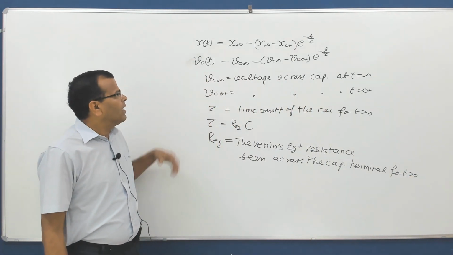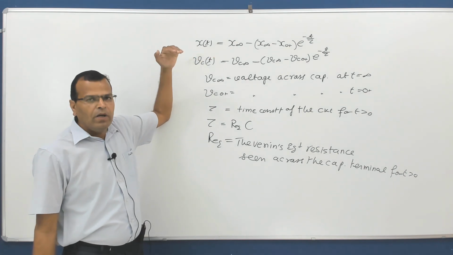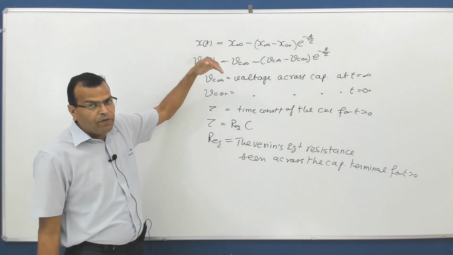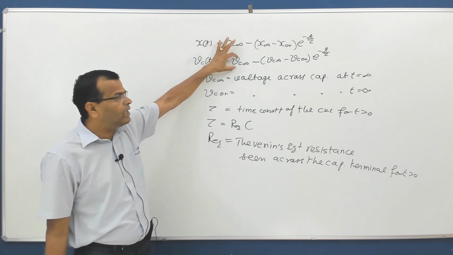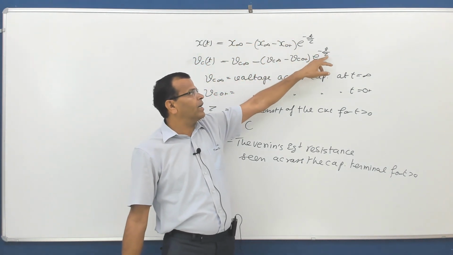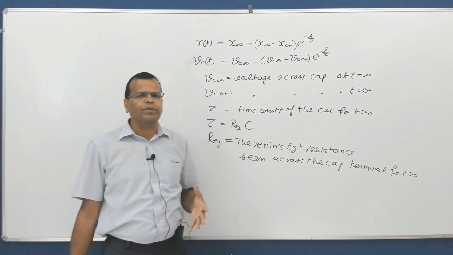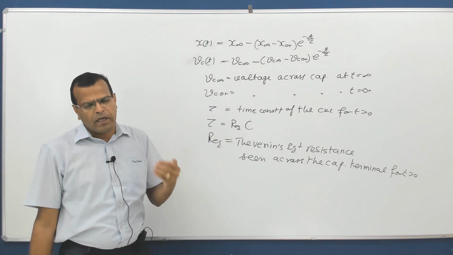Now for finding the voltage for t greater than 0, I need to calculate Vc(infinity), Vc(0+) and tau, whatever the size of the circuit or number of elements.